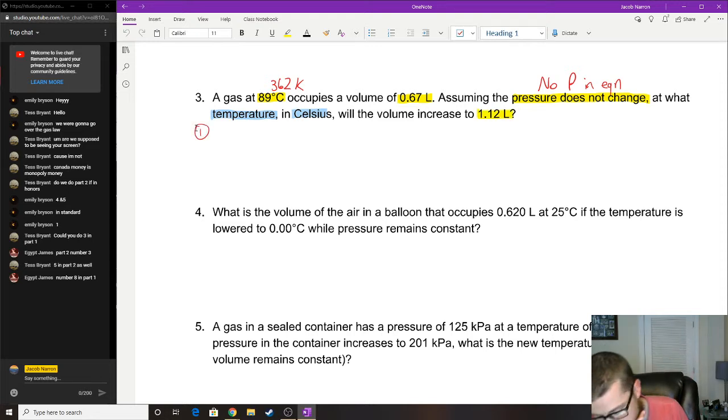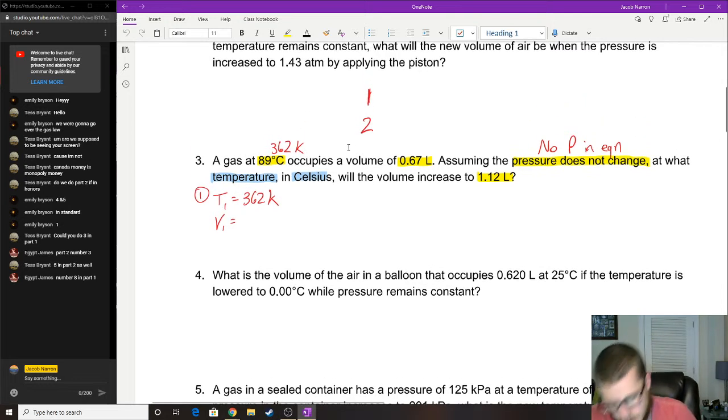So step number 1, let's see what they gave us. Well, we know T1 is going to be 362 Kelvin. I know that the volume 1, which remember guys, 1 and 2, if you want to write it as 1 and 2, that is fine because that's how they do it on the equation sheet. The way I always think about it is I for initial or starting.